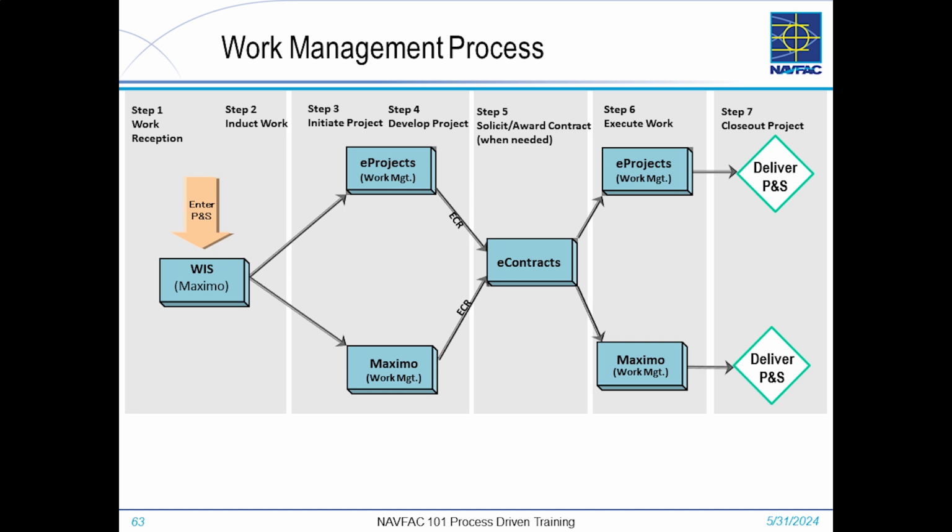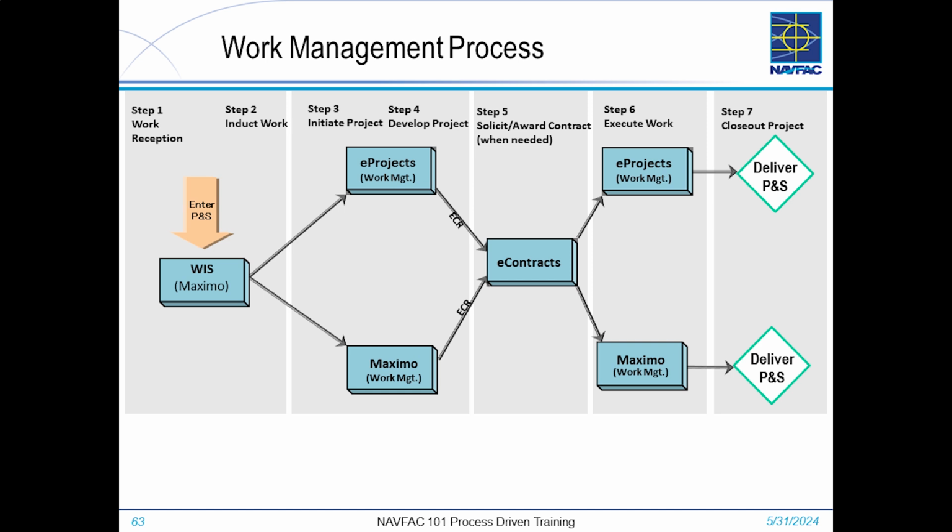The work induction system is essentially the entry point for most of the new work that we receive at NAFAC. And key information is entered into the work induction system, such as the project title and description, the location UIC of the work, as well as the relevant product and service line and deliverable.